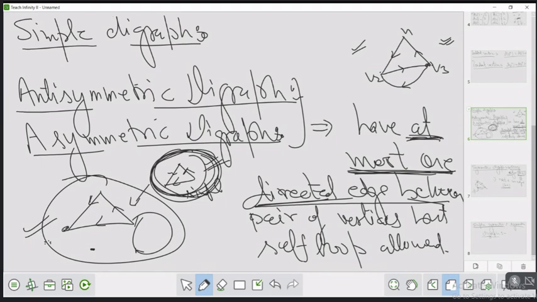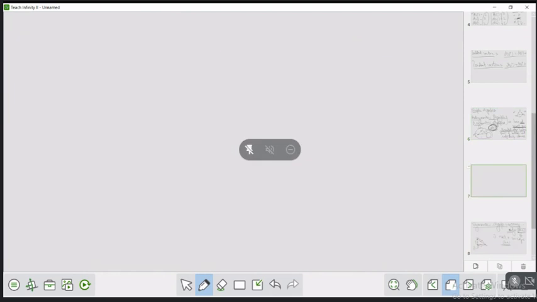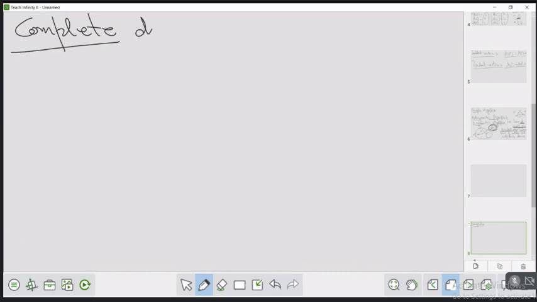What do you mean by complete graph in undirected? Now, same here, now you will extend. Complete diagram. Complete diagrams, complete symmetric or antisymmetric, you can also find.